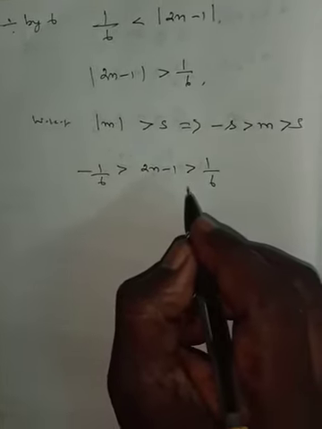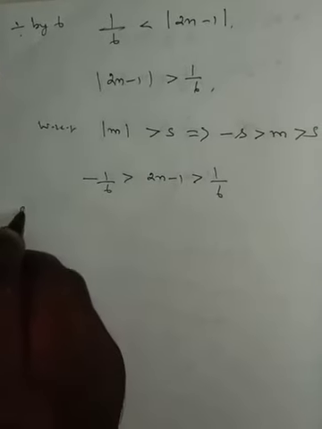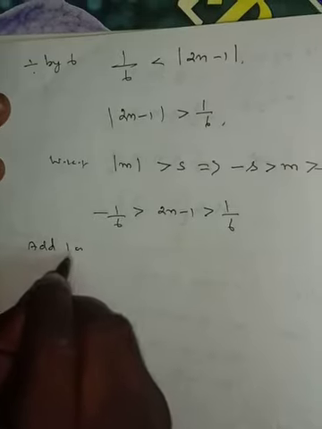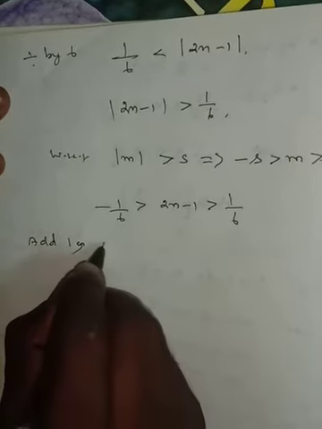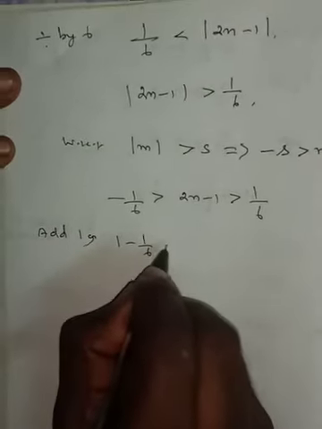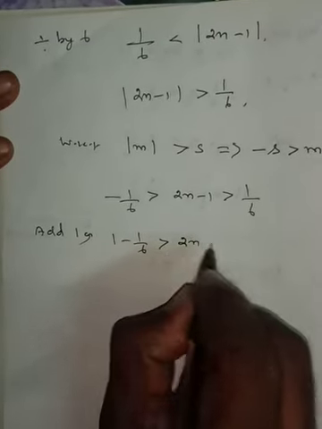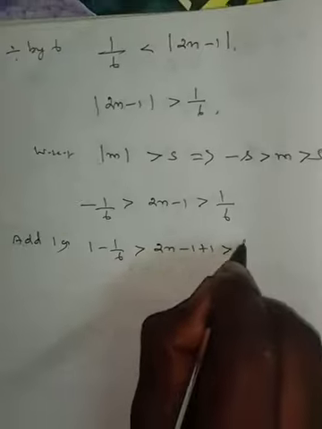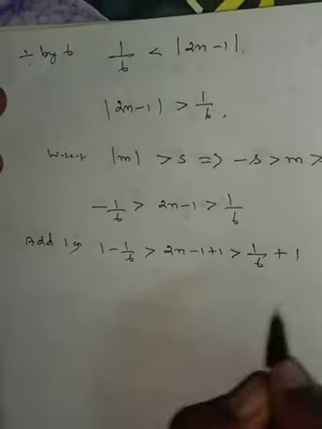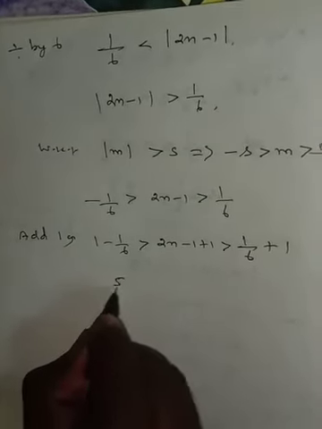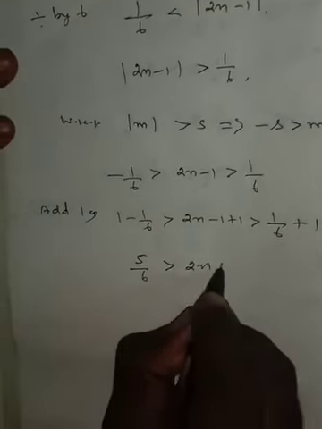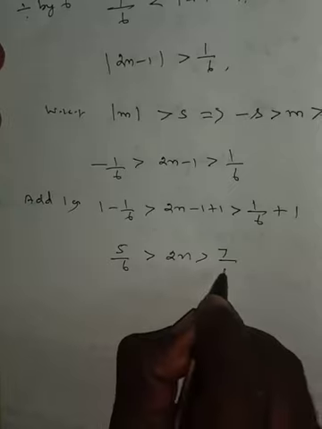Now add 1 on both sides. We have 1 minus 1 by 6 greater than 2x minus 1 plus 1 greater than 1 by 6 plus 1. Taking LCM, 5 by 6 greater than 2x greater than 7 by 6.